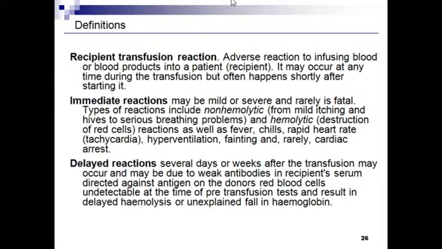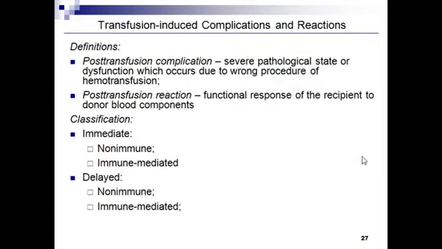It may be due to weak antibodies in recipient serum directed against antigens on the donor blood cells, undetectable at the time of pre-transfusion tests, and result in delayed hemolysis or unexplained fall in hemoglobin. So there are two types of reactions, immediate and delayed, and two mechanisms of reactions, non-immune and immune-mediated.